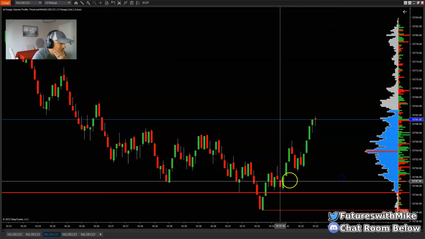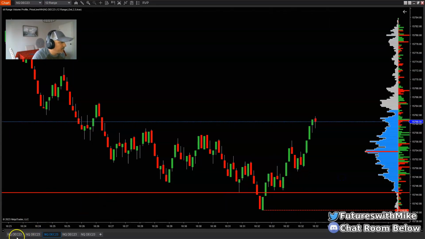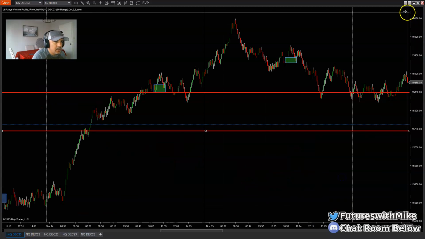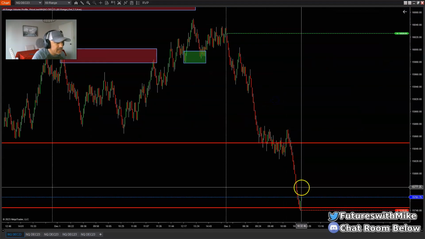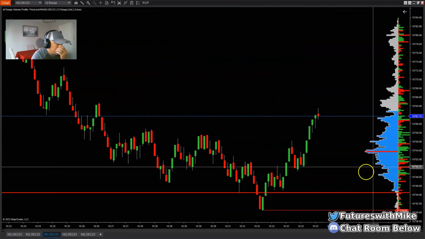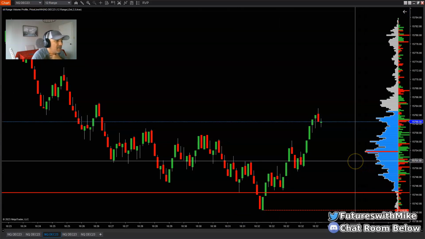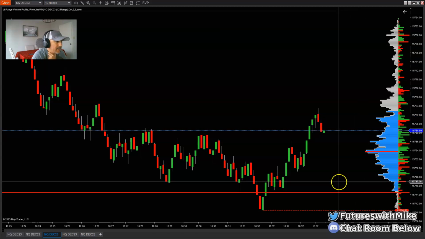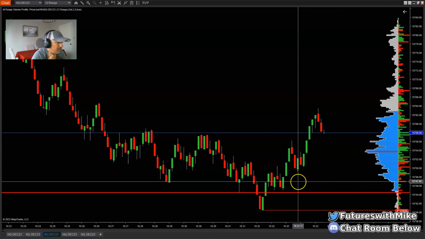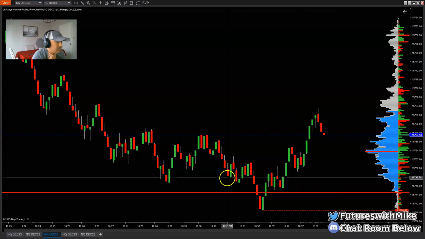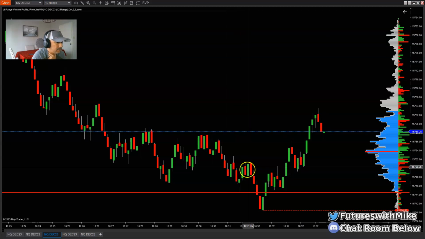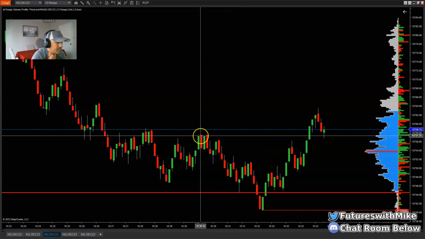All right, we're breaking structure to the upside now on the lower time frame, like I mentioned that we possibly may do. It could come back up here. We want to fill some of these areas now, so be mindful. Now the thing is how quick is it going to move? Is it going to give us a decent area of pullback to come back to? So yeah, broke an area structure right here.